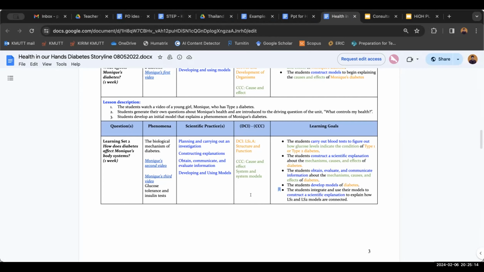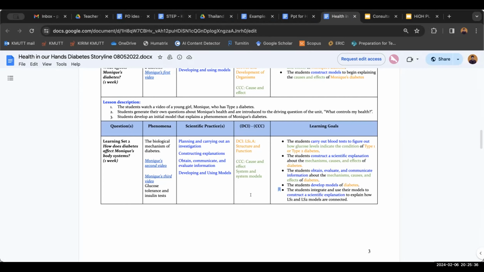Then we ask them to analyze that data through various questions so that we understand they're seeing the patterns. That's a cross-cutting concept, seeing patterns, and they're also seeing cause and effect. What's happening when we give somebody this to drink, what's happening to their blood sugar over time?